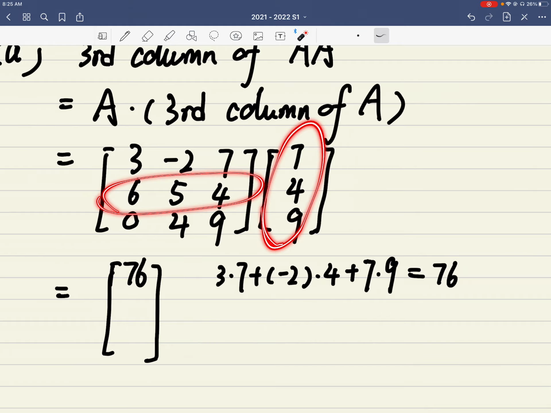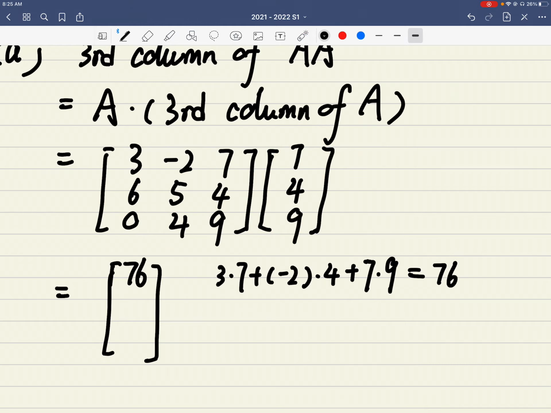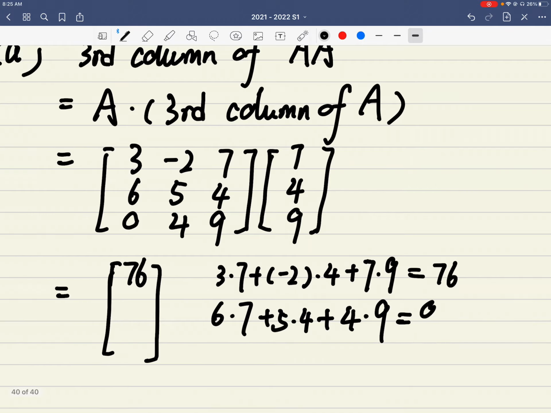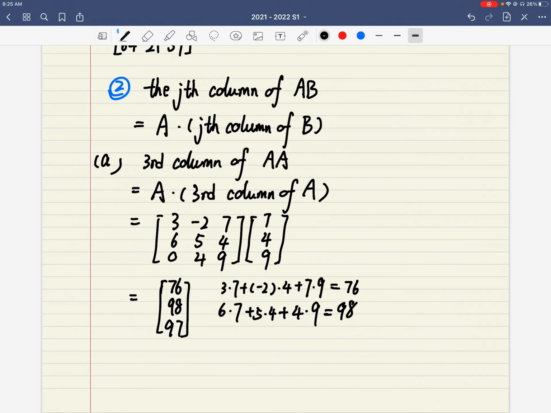It's the first row times second column. So it's 6 times 7 plus 5 times 4 plus 4 times 9. Right. Do it. It is 98. For the last entry, you do the same thing. It's 97. Okay. So this is part A.